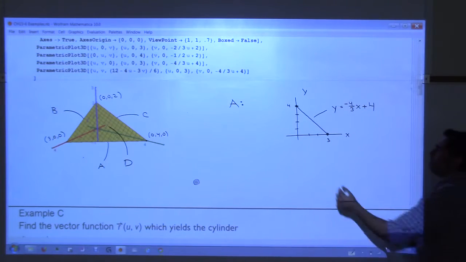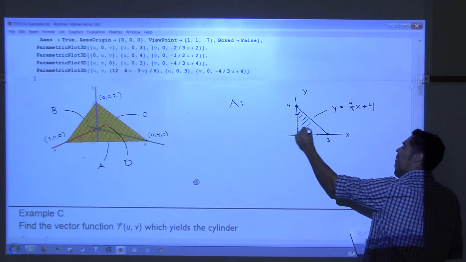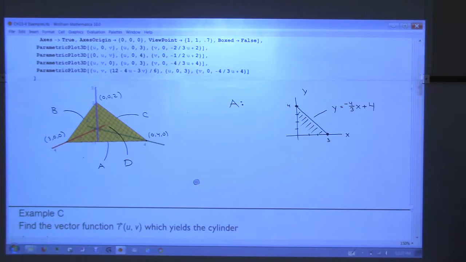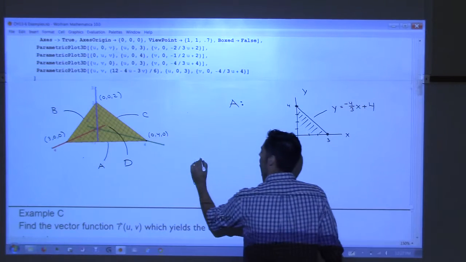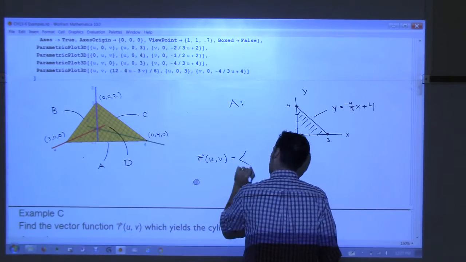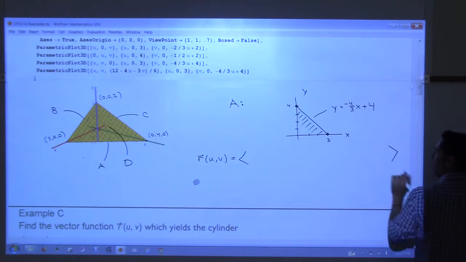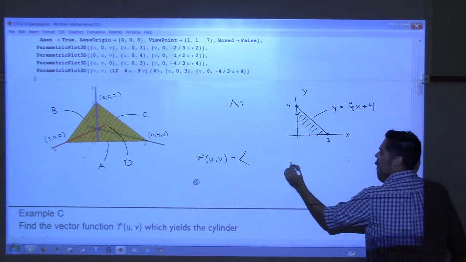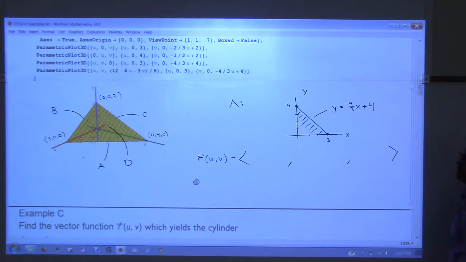We're trying to find a way of drawing this surface using a vector function. So r of u, v equals, and now I need to come up with my three components. Which of these components is easy?